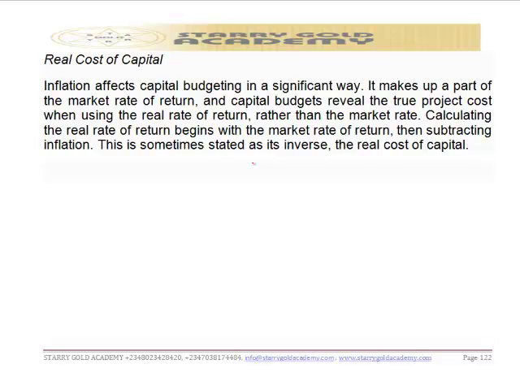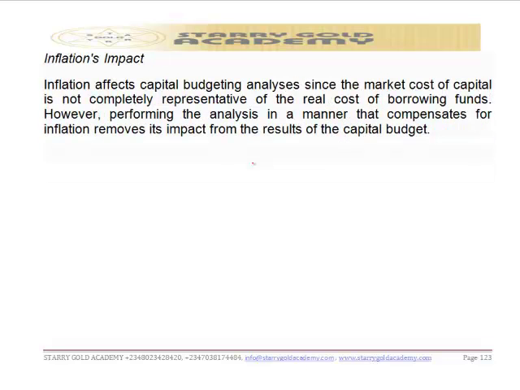Now, in this real cost of capital, what is the inflation impact? Inflation affects capital budgeting analysis since the market cost of capital is not completely representative of the real cost of borrowing funds. That is why inflation will affect the capital budgeting analysis.